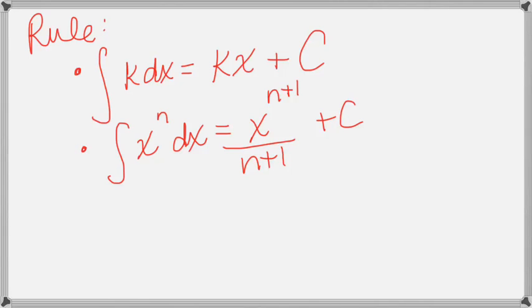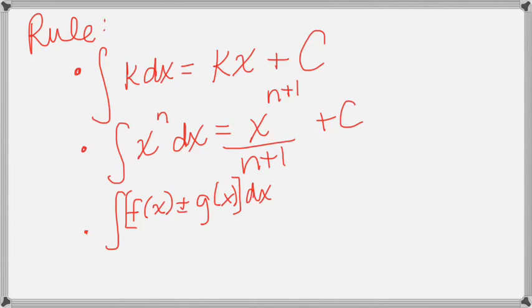The other part that you need to know is, if I have the antiderivative of two different functions, like x squared plus x, then you just take the antiderivative of each part. If you're subtracting, let's say x squared minus x, then you take the antiderivative of each part.